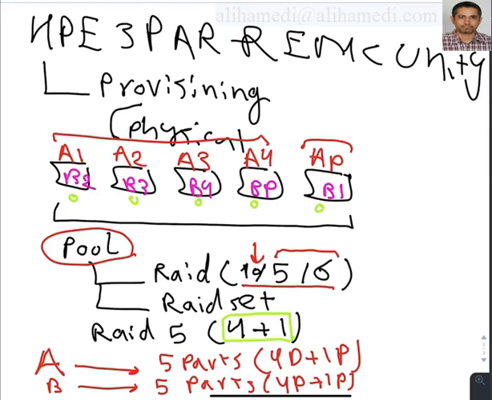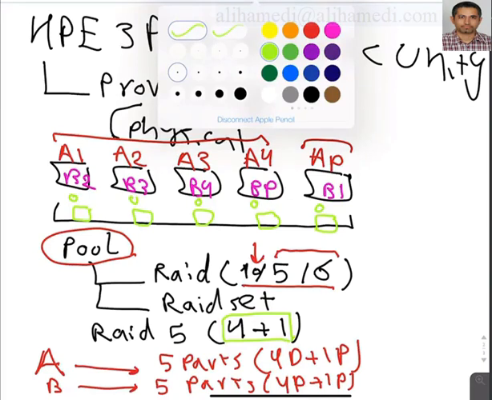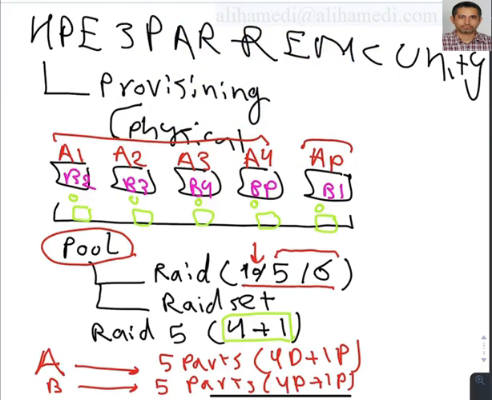For example, if we had 10 disks in the pool, with another 5 disks and distribution the same as before, for block C it can be something like this: C1, C2, C3, C4, CP.